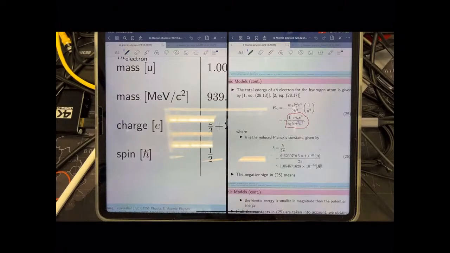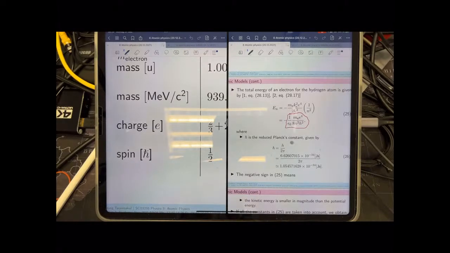Pi is 3.14, so 2 pi is about 6.28, and after dividing, it remains 1.0 something times 10 to the negative 34, the same order, and the unit is the same, because 2 pi has no unit.